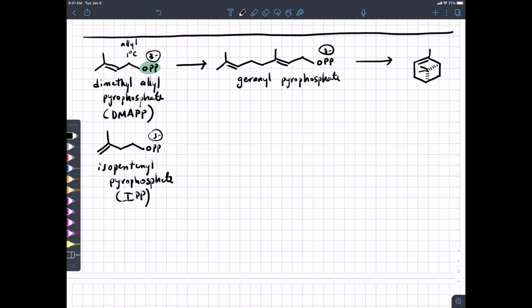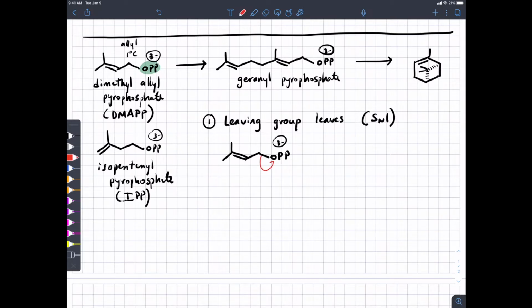And hopefully from 351 you learned that leaving groups that are at an allyl carbon can leave to give a resonance stabilized carbocationic intermediate. So in many cases, the leaving group leaves, sort of as an SN1 style reaction, as the initial step. So if we take dimethylallyl pyrophosphate and the leaving group leaves, what have we got?